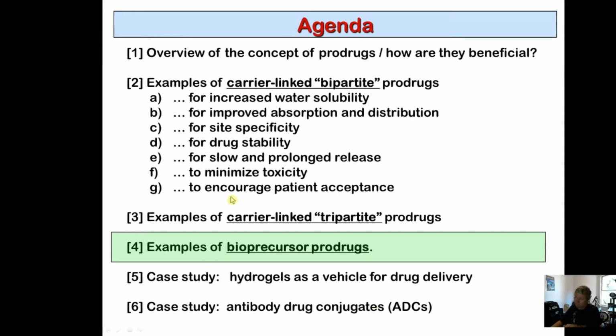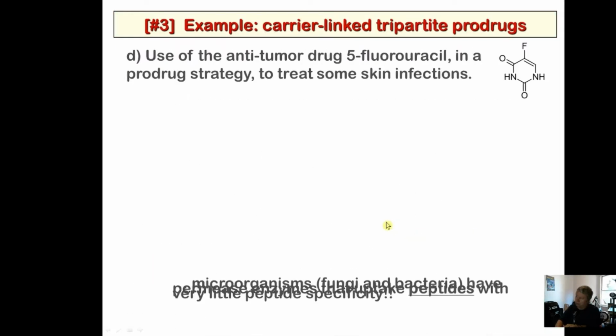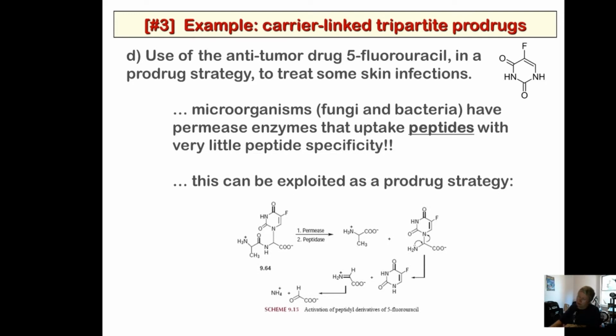All right. So what's a carrier-linked tripartite prodrug? Let's go back to that real quick. This just shows an example of it, from the last lecture. 5-fluorouracil is an anti-tumor drug, sort of a nucleotide analog or nucleotide precursor, but it has the fluorine that is cytotoxic, and so this gets incorporated into DNA chains, and it sort of terminates the growth.